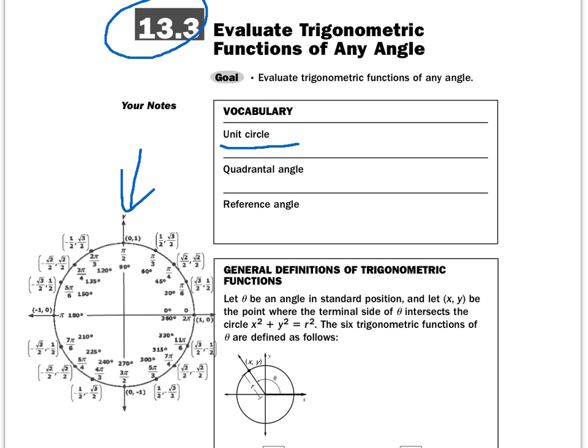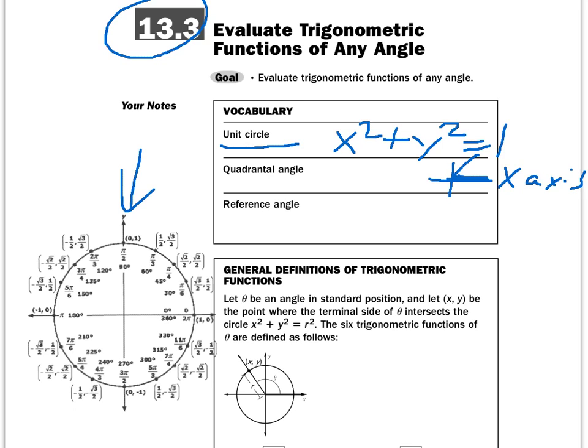Essentially, the unit circle is this: x squared plus y squared equals 1. It is the circle that's formed when you do that there. The quadrantal angle is any angle in standard position where the terminal side is on the x-axis.